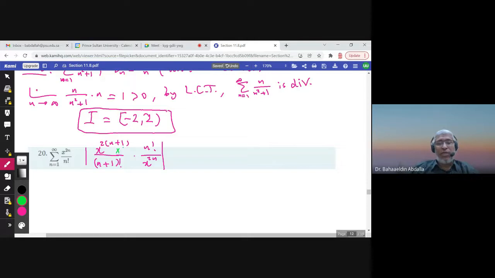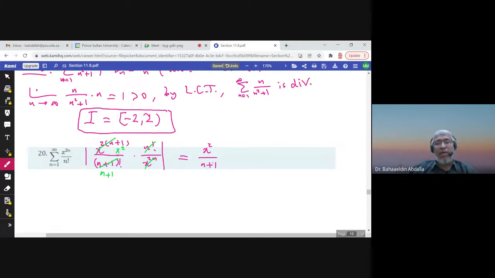So when I cancel this with this, I'll have x to the power 2 remaining. And this is n plus 1 times n factorial. So I will have n plus 1. So I have x square, and now no need for the absolute value because x square is always positive.